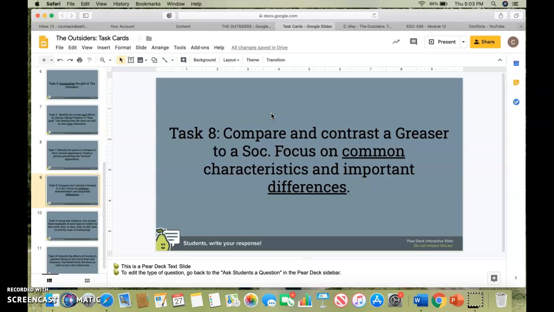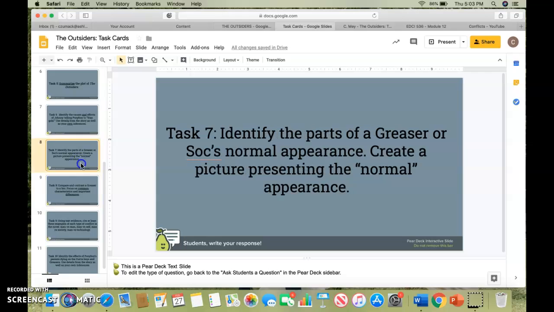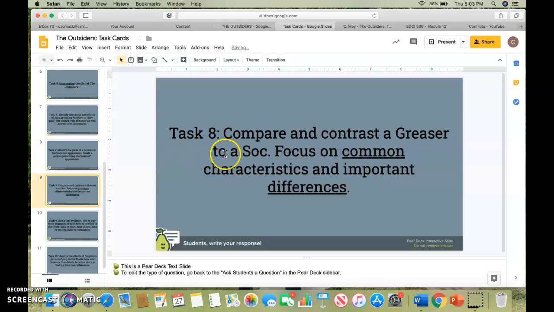I'm talking everything from their styles, you could even jump off of task 7 with the appearance, and their personalities, their backgrounds, their side of town, their morals, their ethics, anything you could possibly think of, comparing and contrasting a greaser from a Soc.